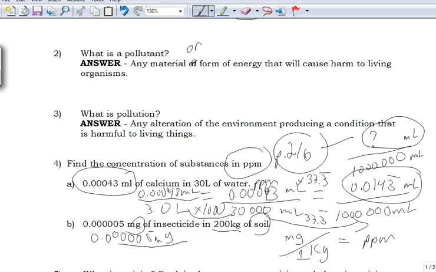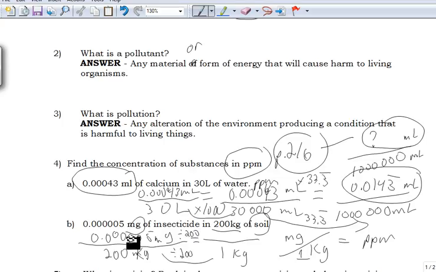So that's insecticide in soil, 200 per kilogram. Well, 1 kilogram per milligram is the same as a part per million. So let's make it out of 1 kilogram. So what do we do? We divide by 200.